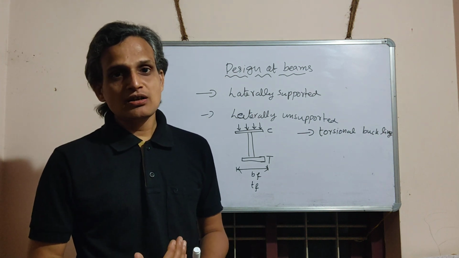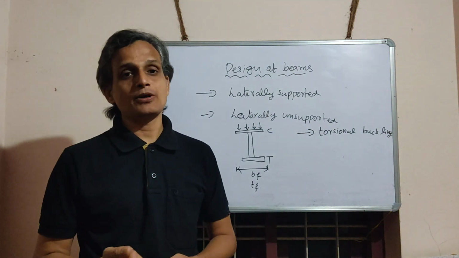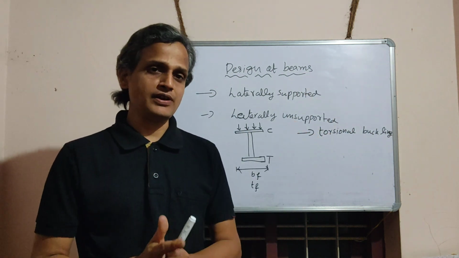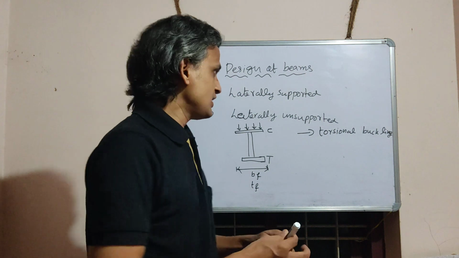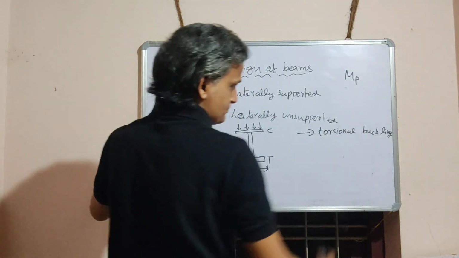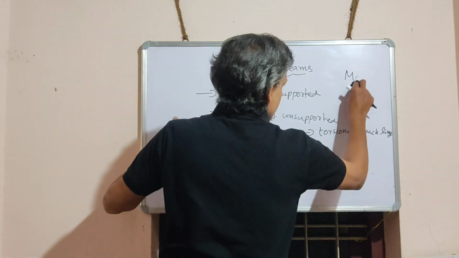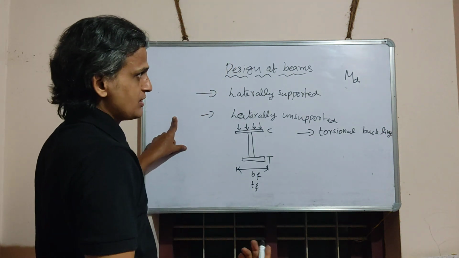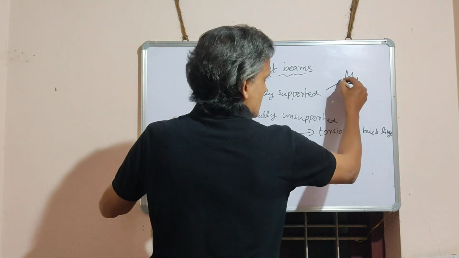In many cases, if we compare a laterally supported beam and a laterally unsupported beam of same cross section, say ISMB 350, once it is used as a laterally supported beam, say its moment capacity is MP, plastic moment, or due to the notation which we are using in IS 800, let it be MD. That is for the laterally supported case.